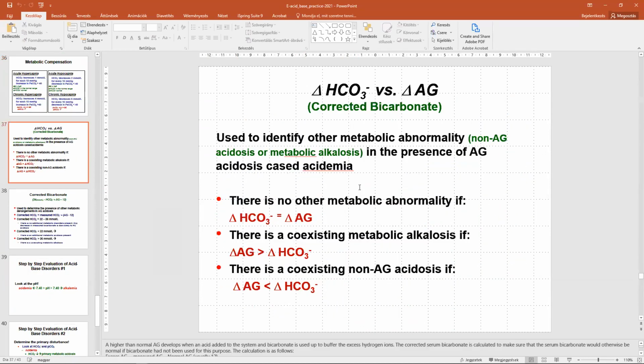The decrease of bicarbonate is equal to the increase of the anion gap, because as much acid is produced, the bicarbonate decreases and the anion gap increases. So if you have the same change of the anion gap as of bicarbonate, you know there is no other underlying metabolic process. Okay, is it clear?